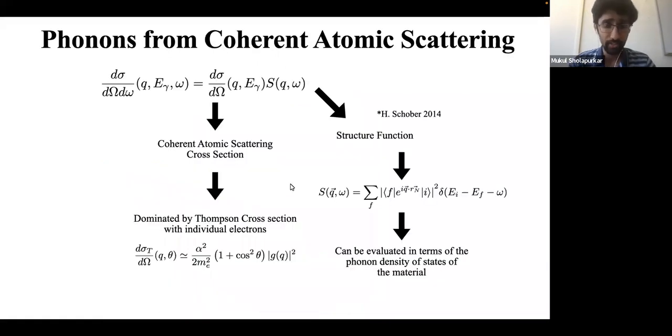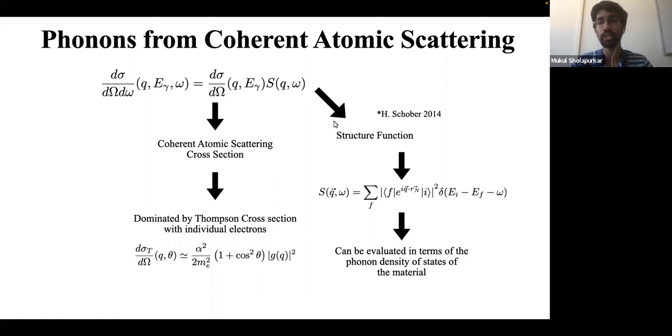So the way we did this from a theory point of view is the following. The cross section to create a phonon of energy omega from an X-ray or gamma ray of energy E gamma, which loses momentum q in the detector, is factorized into a coherent atomic scattering cross section, a standard process, multiplied by a structure function.